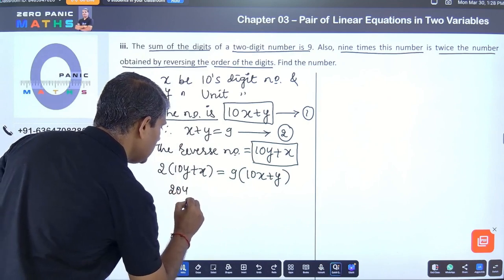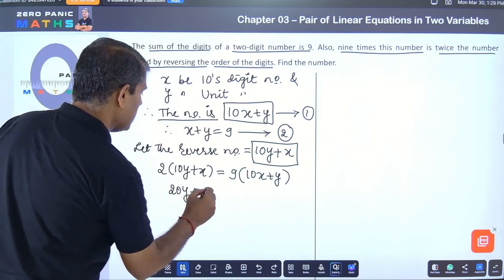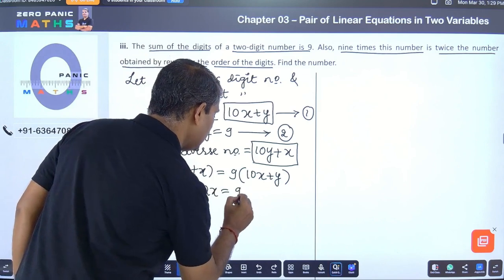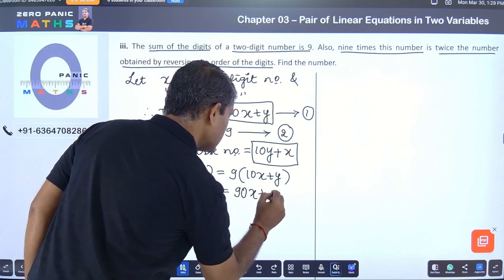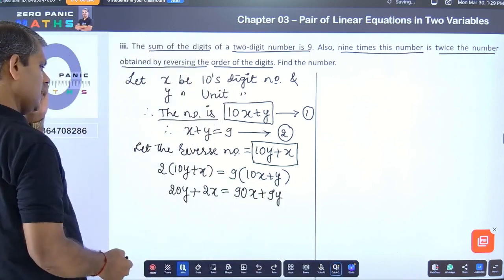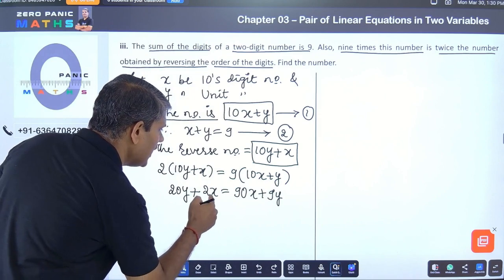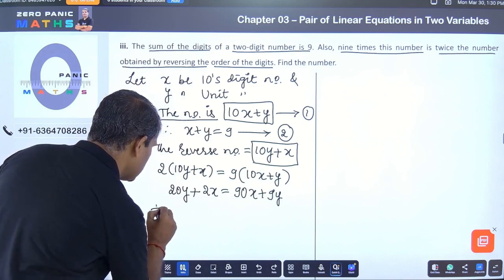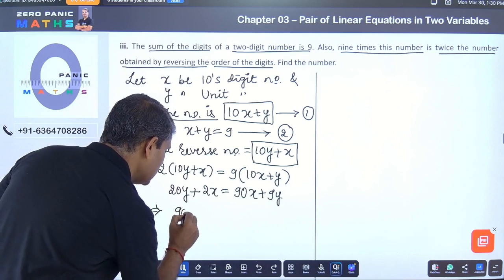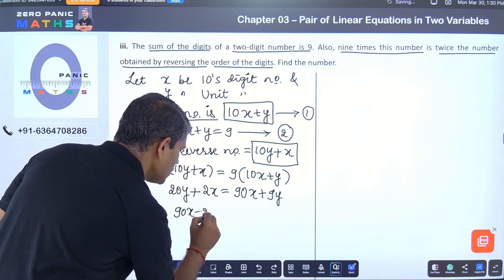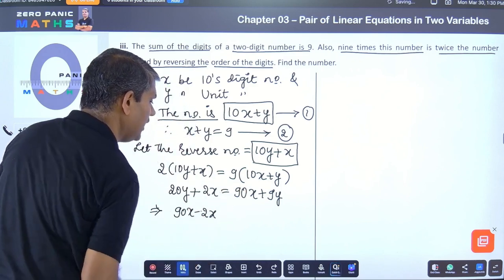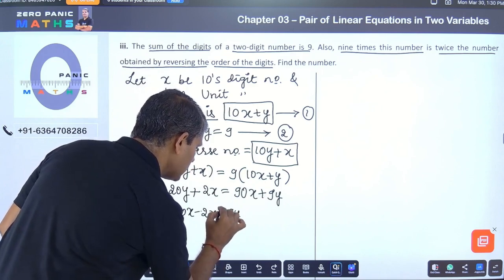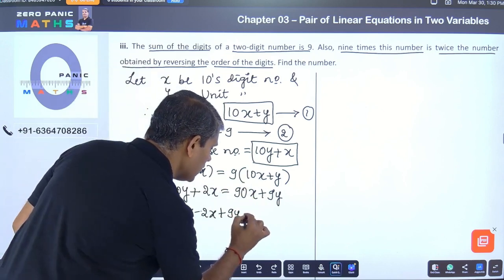It is 20y plus 2x is equal to 90x plus 9y. So what exactly we are going to get is 90x minus 2x. I'm taking 2x to that side, and keeping 9y on that side, taking 20y to that side.